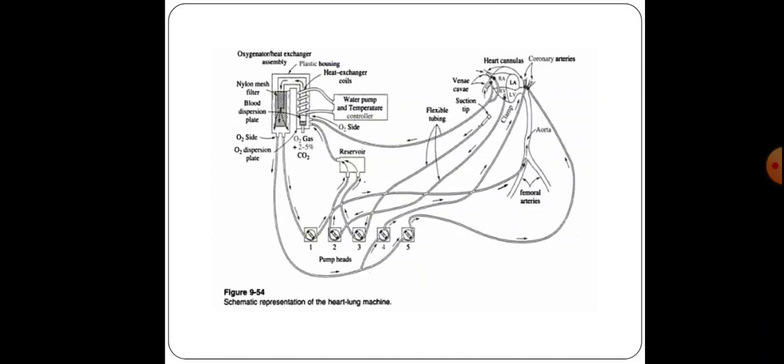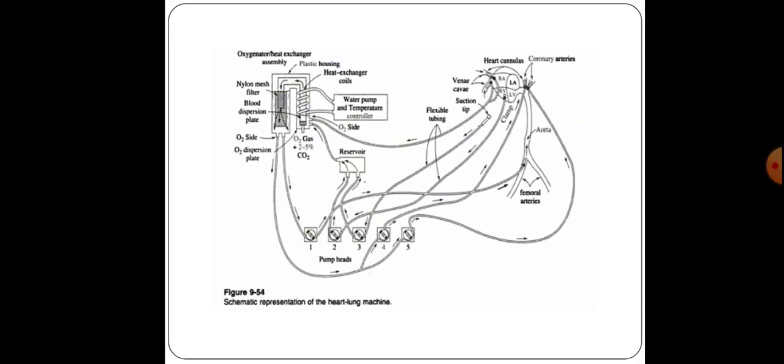It consists of a coil, which is a spiral heat exchanger coil for providing the adequate temperature to the blood coming from the reservoir. Then there is a nylon mesh filter.